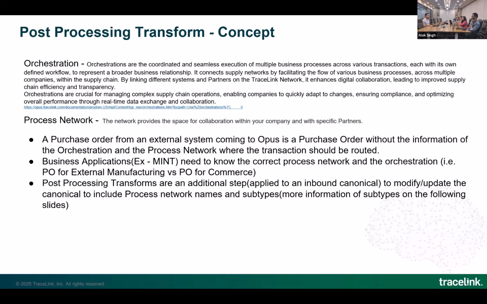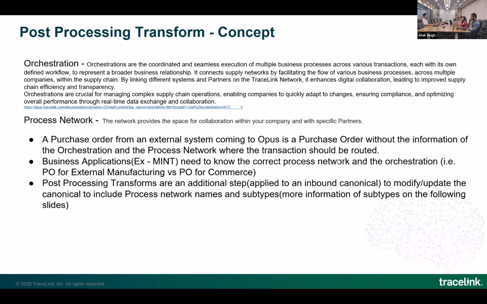What is subtype and why is it important? But essentially, this is what post-processing transform would do. That is one of the things that post-processing transform does: adding the process network information and the orchestration information, or the subtype information. So we'll see the difference between these two as well. Okay.